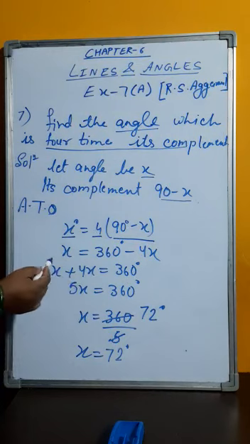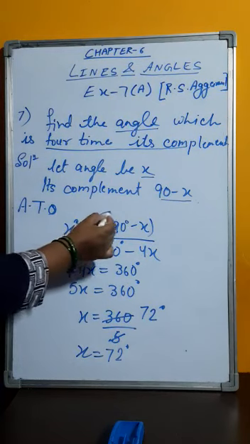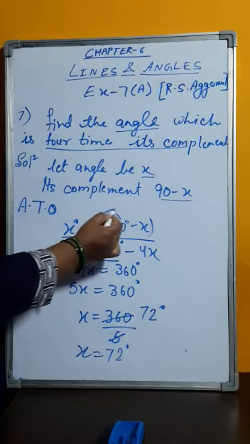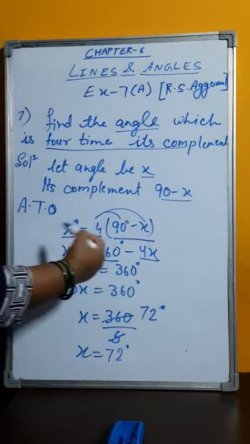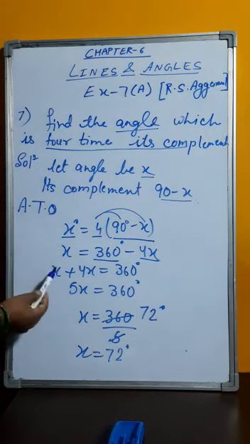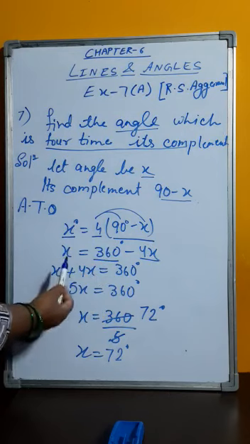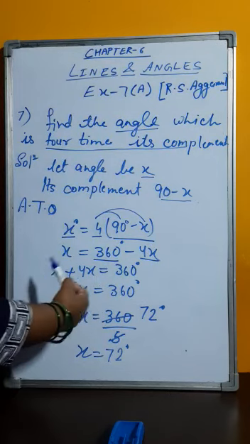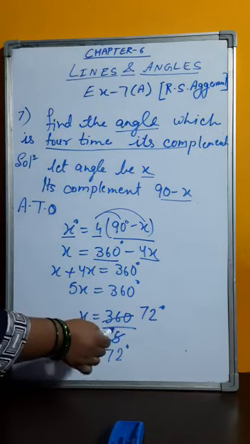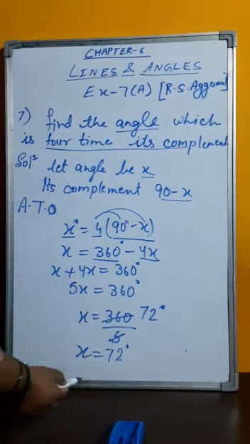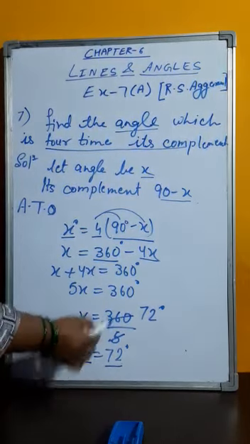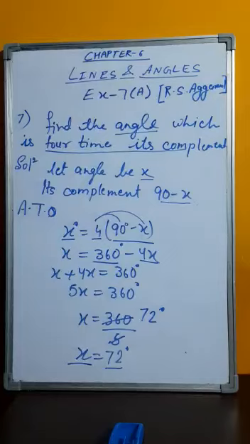So let us solve this equation. x degree no change. 4 into 90, 360 degree. 4 into minus x, minus 4x. When this 4x will shift this side, we have x plus 4x is equal to 360. x plus 4x is 5x is equal to 360. So x is equal to 360 by 5, which is 72 degree. So 72 degree is the angle which is 4 times its complement.